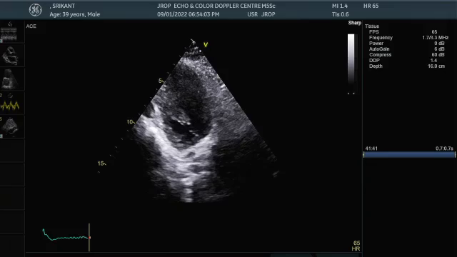What is the function of these papillary muscles? They hold the cords. Have you ever seen tents being put up inside weddings in the old days? Yes, sir. So what happened?